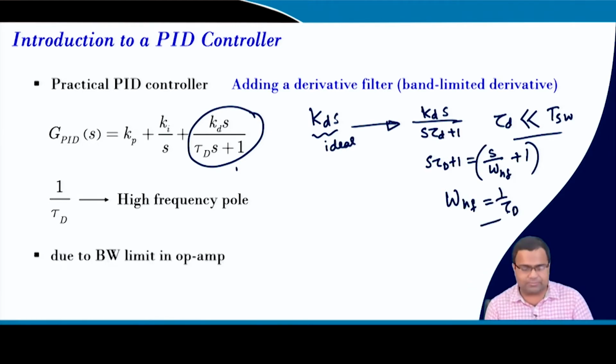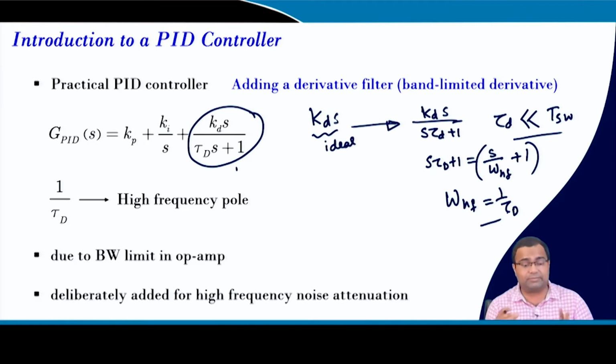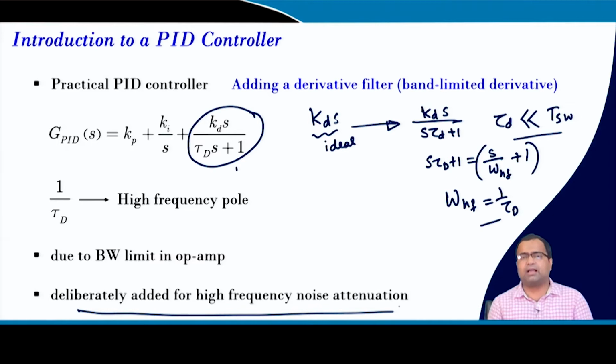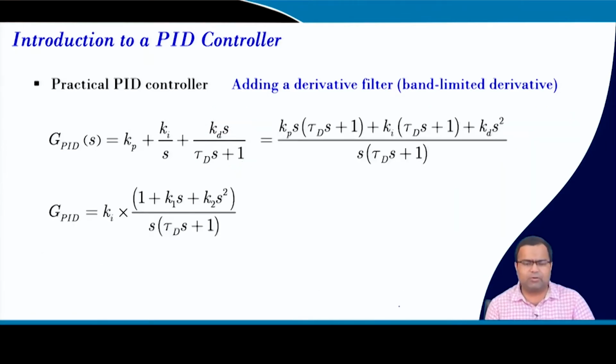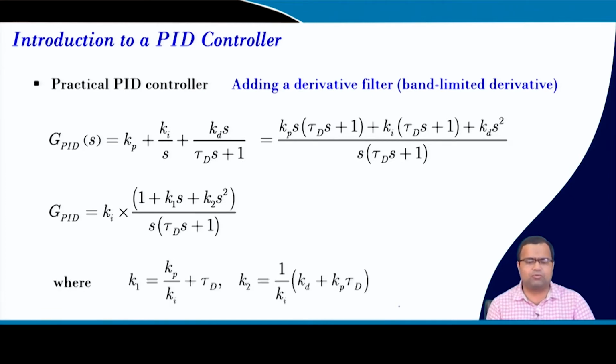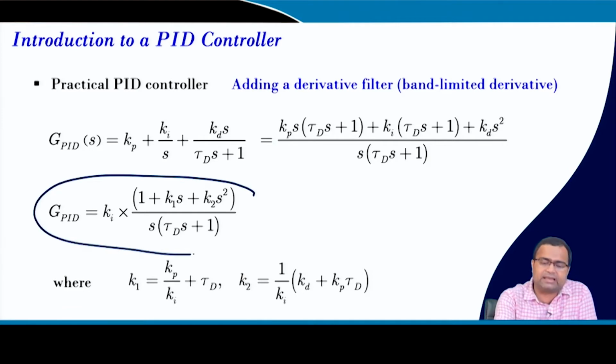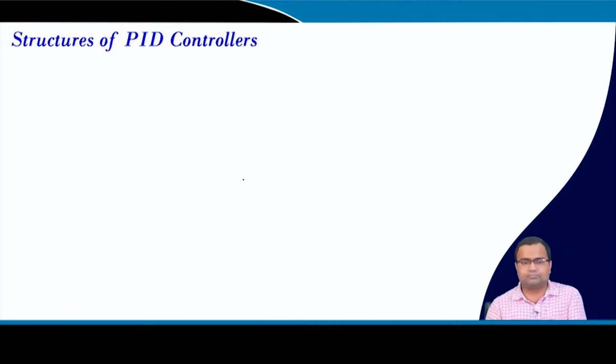This high frequency pole arises due to the bandwidth limit of the op-amp, and sometimes we deliberately increase this time constant, or decrease the high frequency bandwidth, so that we can attenuate the noise. So, we know about this PID controller and how to write it down, and we have discussed that in detail in lecture number 34.